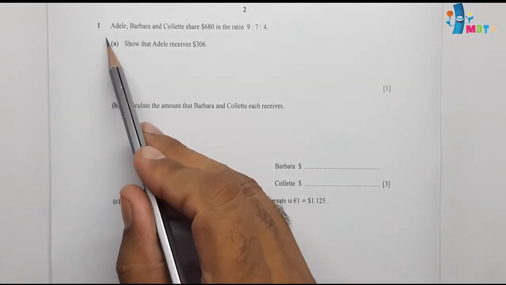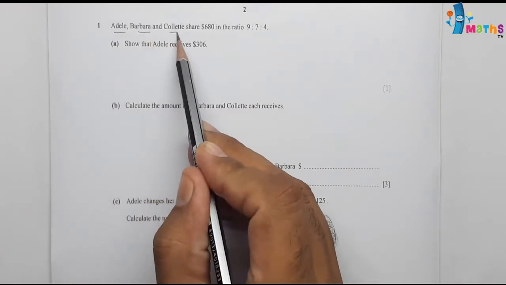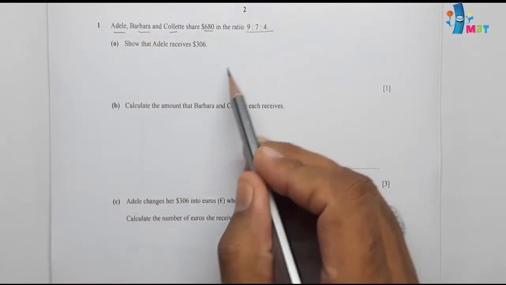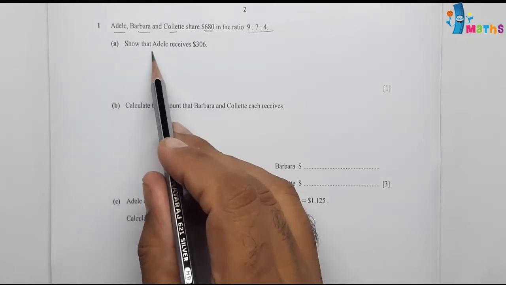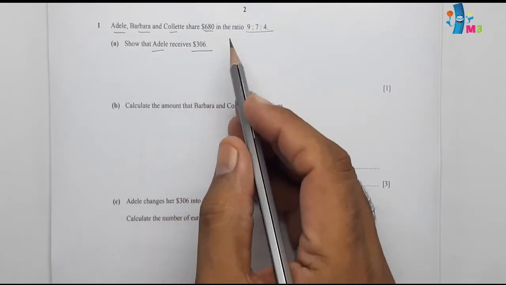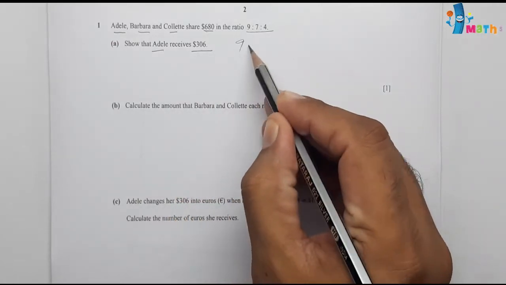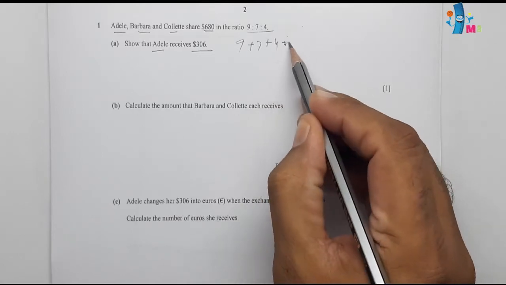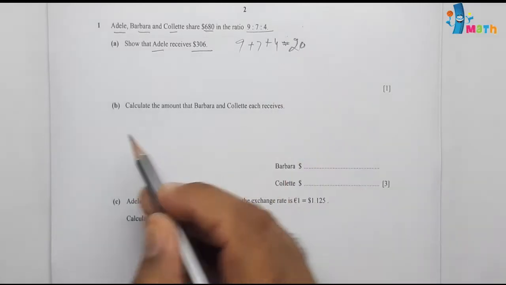Question number 1. These three people share $680 in the ratio of 9, 7 and 4. Show that Adelaide received $306. This is an easier question, so I'll just add the sum of the ratios. 9 plus 7 plus 4 will be equal to 20.